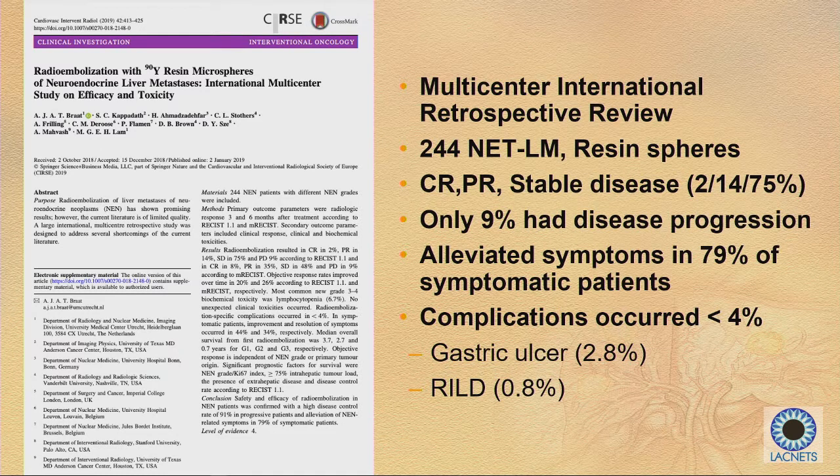And only 9% of these patients actually had progression of disease after the radioembolization. The symptoms were alleviated in 79% of patients, and it was uncommon to have complications, but those complications could include a gastric ulcer if the beads go outside of the intended vascular bed, or RILD, radiation-induced liver disease, which we'll talk about a little bit more.